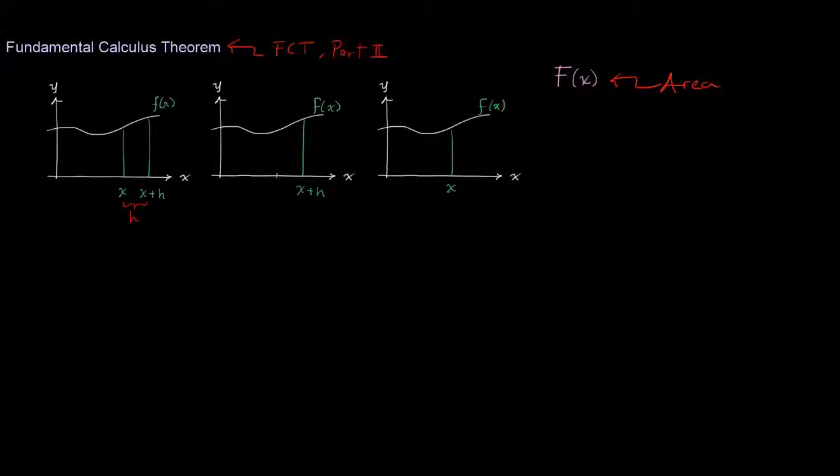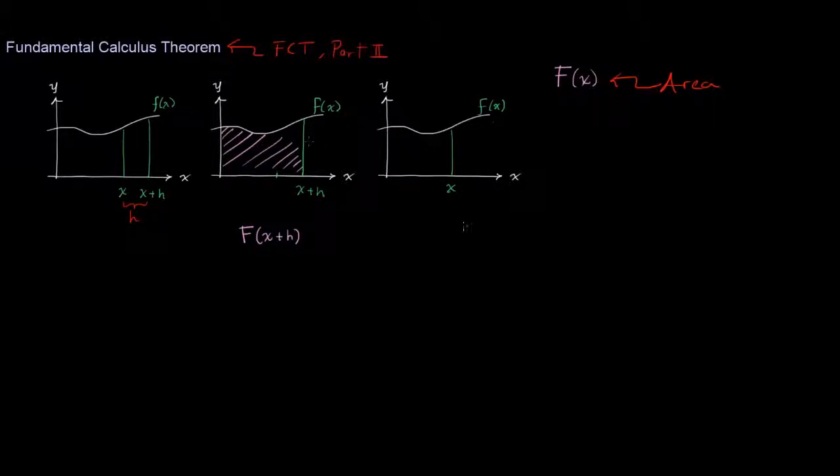So let's start by saying something here in the graph as well. If I calculate big F of x plus h, what we get in return would be the area between f of x and the x-axis, between the values of 0 and x plus h. So we will get basically this area in return.